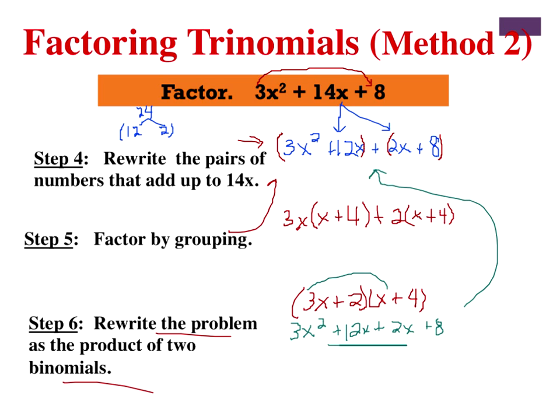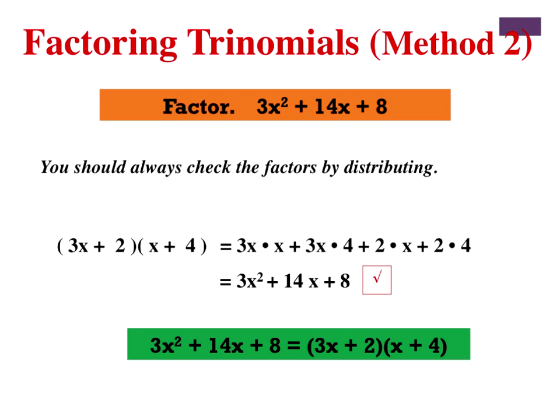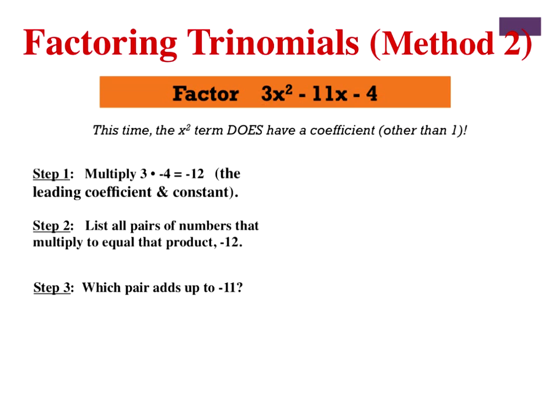So this method just kind of reverse engineers our understanding of multiplying binomials by rewriting it again as what multiplies to our constant of 8 and adds up to the middle coefficient. We just have to take into consideration that leading coefficient. Okay, and again, there's my factoring and my checking for understanding.